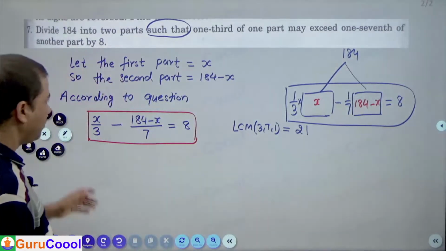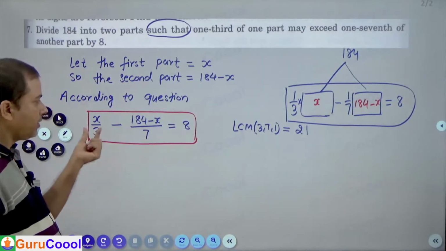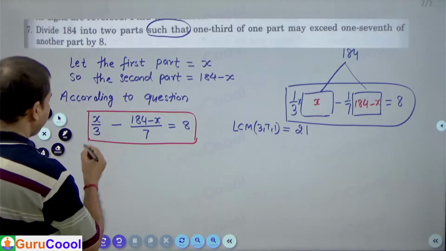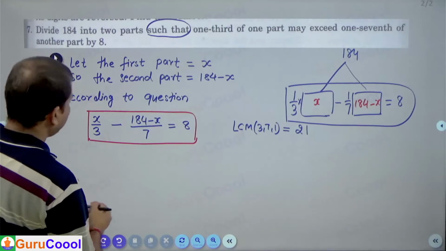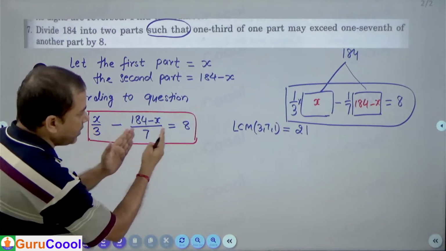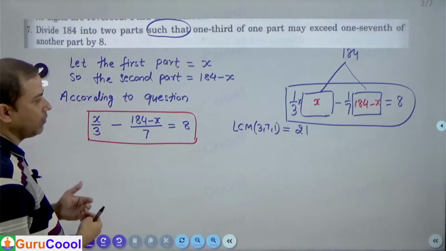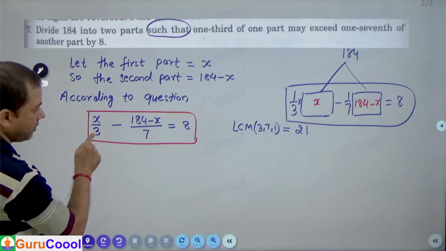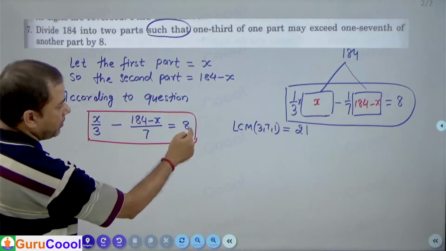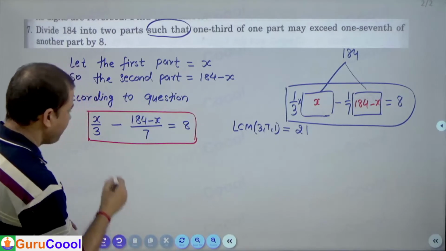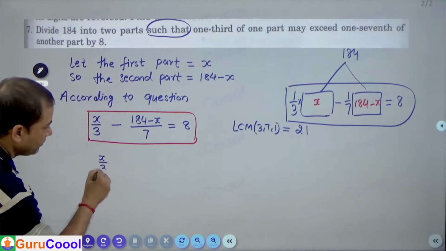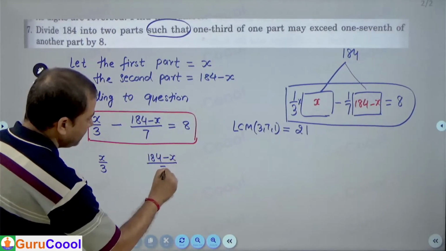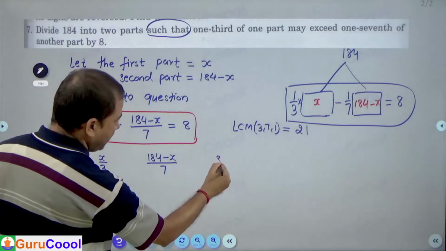Okay. So we will multiply the whole equation by 21. How to multiply? See, every term will be multiplied by 21: the first term, the second term, the third term, all the terms separately. X by 3, 184 minus x by 7, and 8 on the other side.